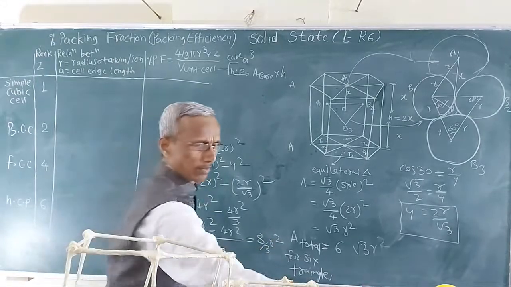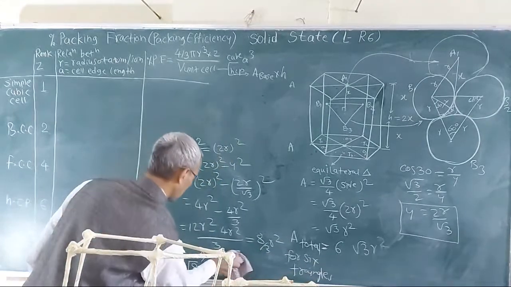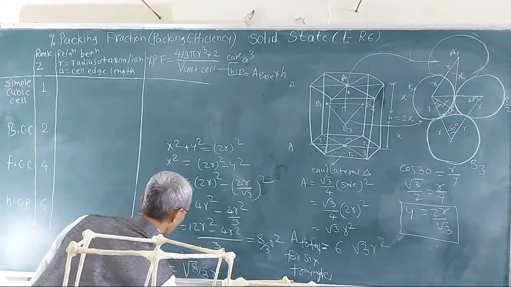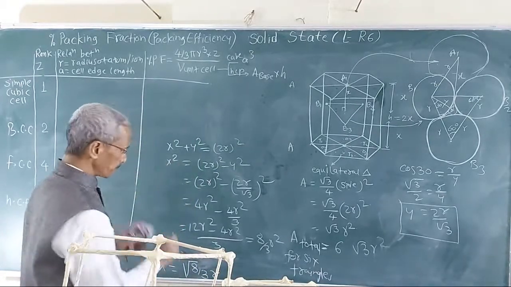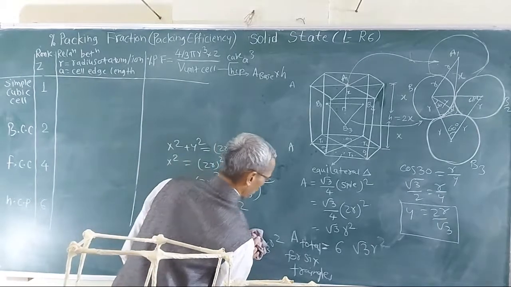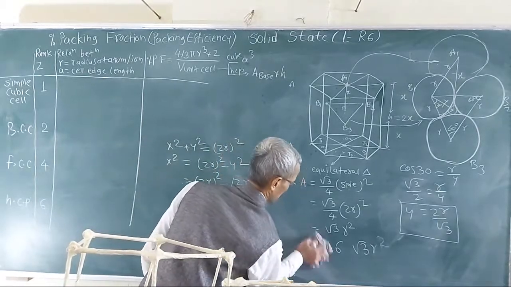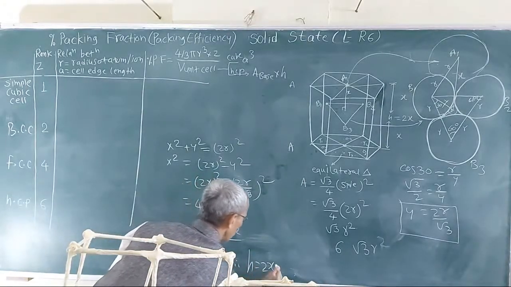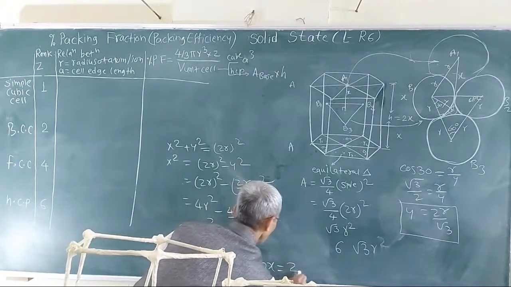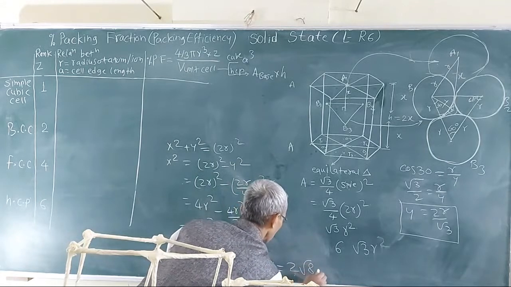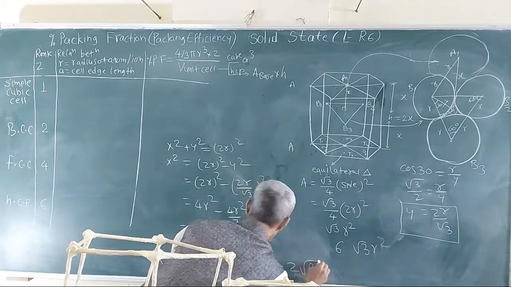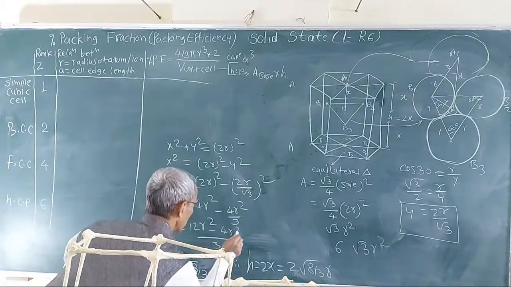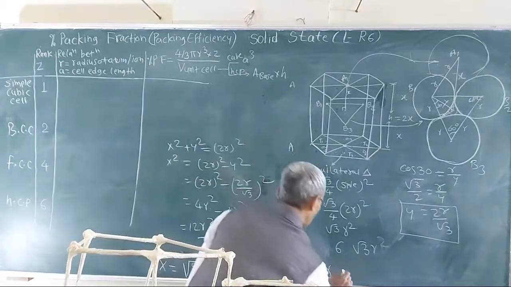Now therefore h is equal to 2x, which is 2 times square root of 8 by 3 r.